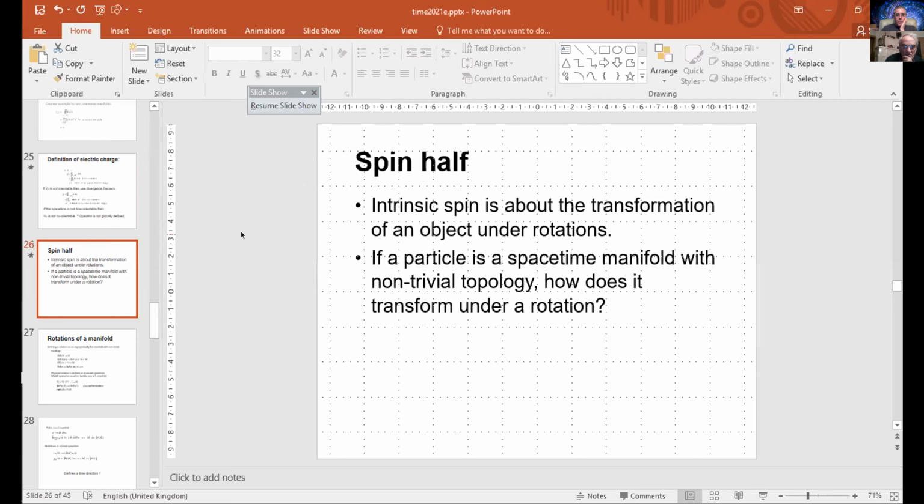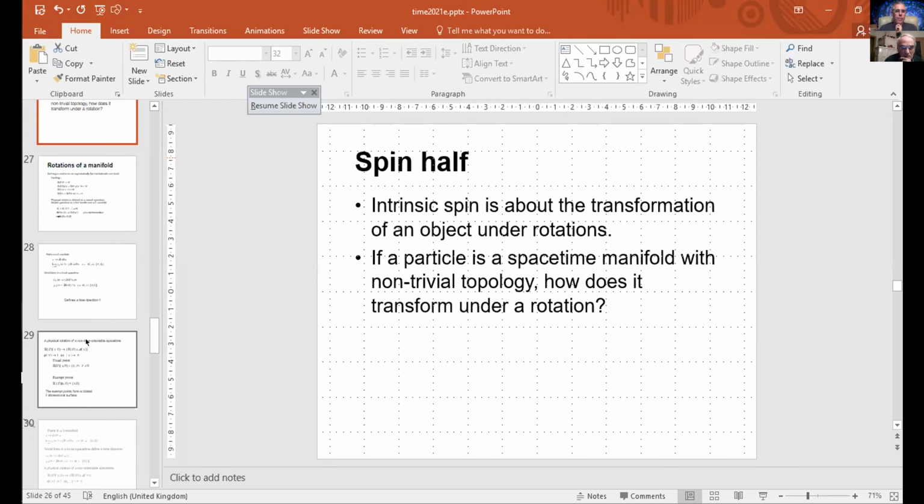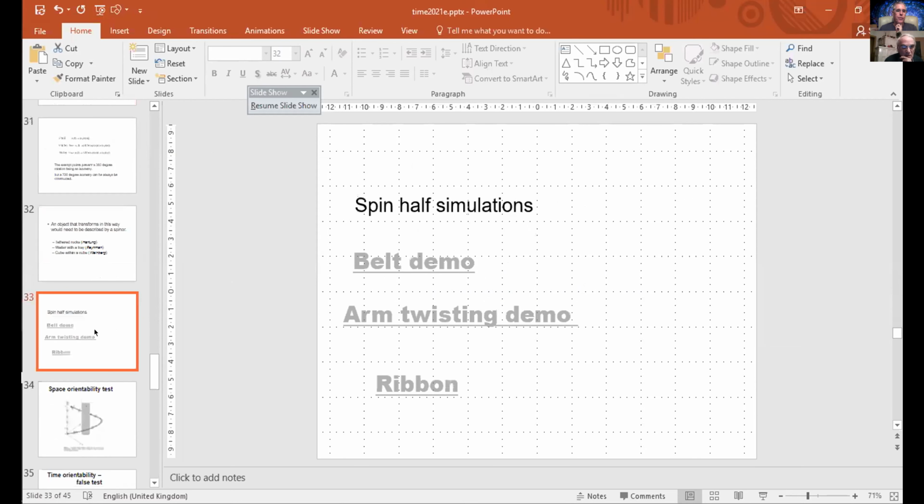So I'm struggling to resume my slideshow. Are you seeing a slideshow? What are you seeing on your screens? We see spin half, 26 slide. Are you seeing that list of 3 different videos? Yes, we see it. Okay.